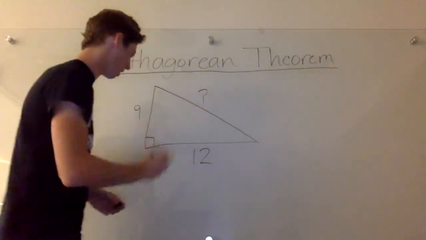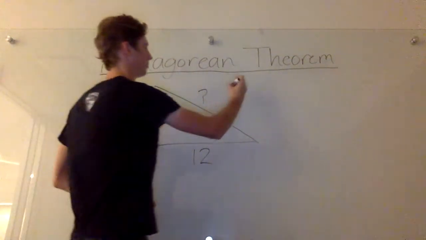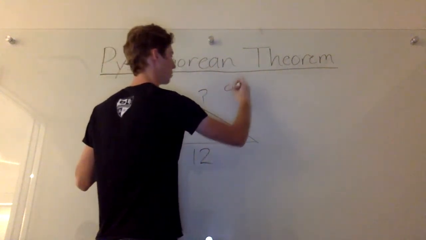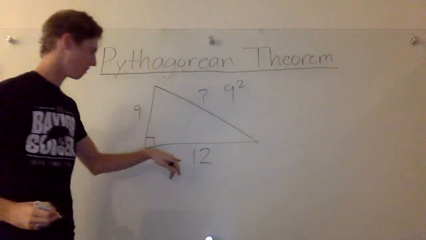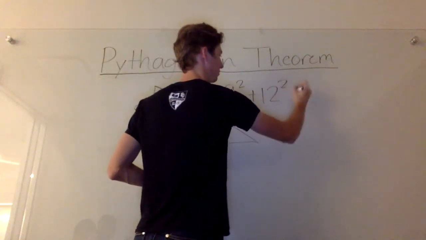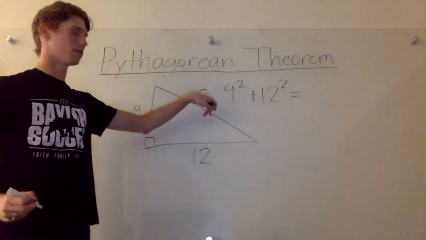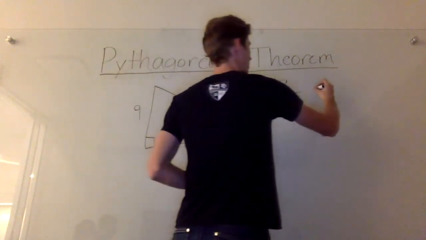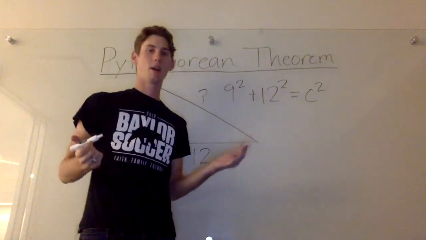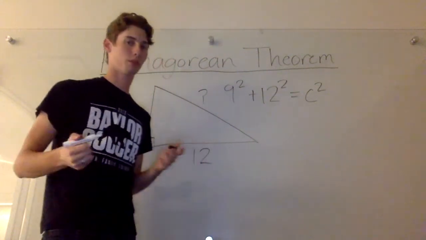All right, so let's go ahead and model that with our equation. So we've got 9 squared to represent a squared. We're going to use 12 squared for b squared. And then this is the side that we're missing, so we're just going to write c squared, since that's what we're looking for. Now it's just like any problem where you're solving for a variable.